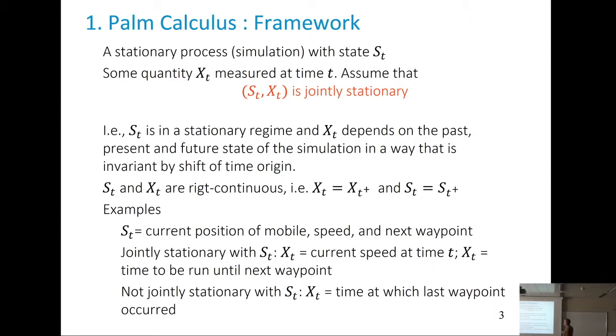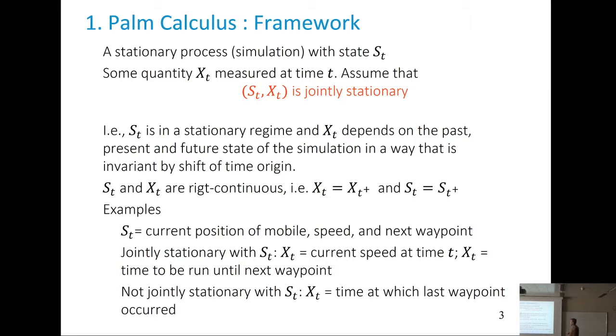And a key assumption is that we will apply time calculus to things like X(t), but in order for time calculus to be applicable, we need this red assumption here. We need that the pair (S, X) is stationary, so the global thing, jointly stationary. What does it mean?